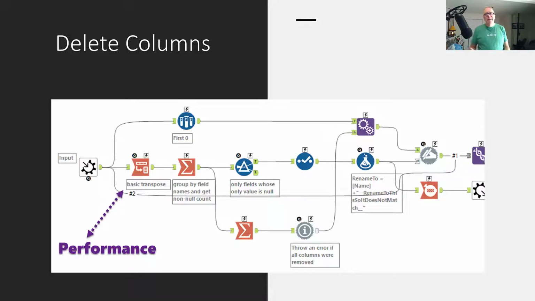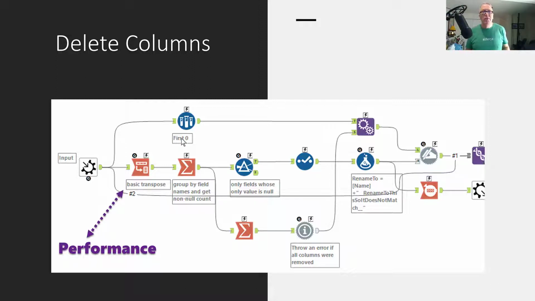When I'm looking at the delete columns function, immediately there's a transpose happening. When you're transposing 1,000,000 records, and let's say there are 100 columns of data, you'd be creating one record per field. That would be 100 times 1,000,000, 100 million records.